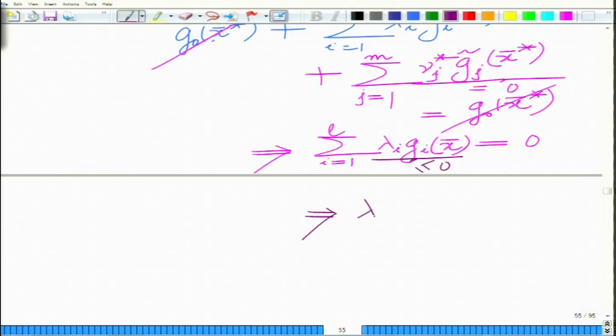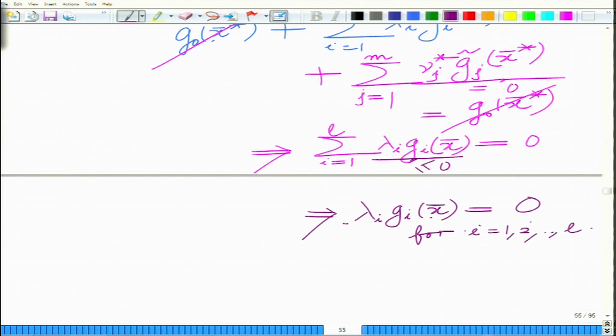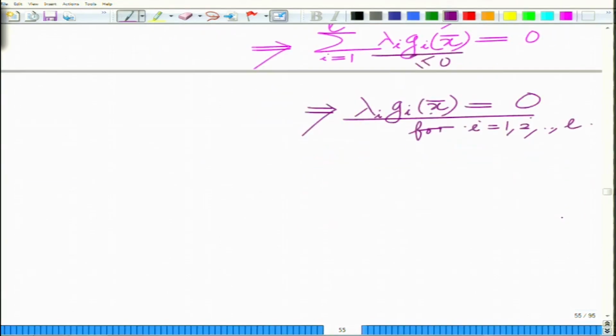This implies lambda i into g i x bar equal to 0 for each i, for i equals 1 up to l. And this is a very interesting property. This is termed as complementary slackness, and I am going to explain this in a moment.